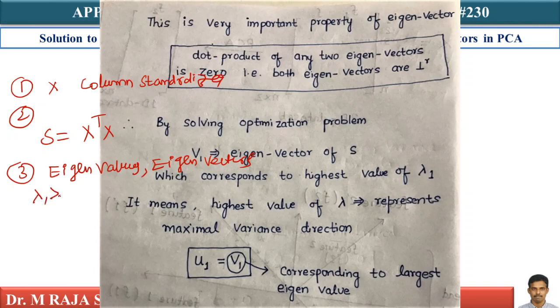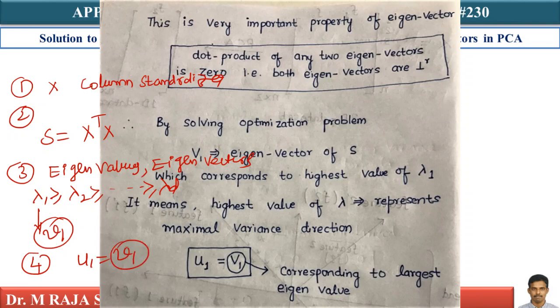Arrange the eigenvalues like this: lambda 1 greater than lambda 2 greater than so on, lambda d. Now identify the eigenvector corresponding to lambda 1. This V1 is essentially U1. Therefore, U1 equals V1, the eigenvector corresponding to the largest eigenvalue.